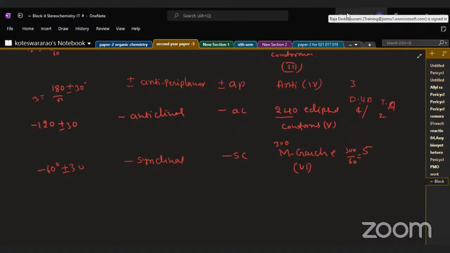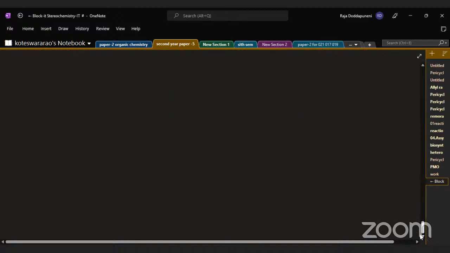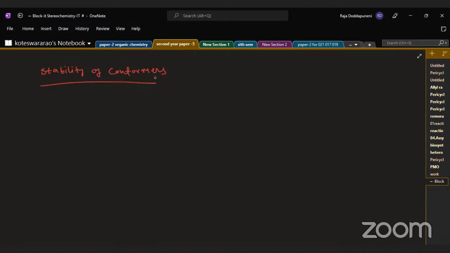Coming to the stability of conformers. If a molecule can take a conformation with the lowest energy, then it attains more stability.